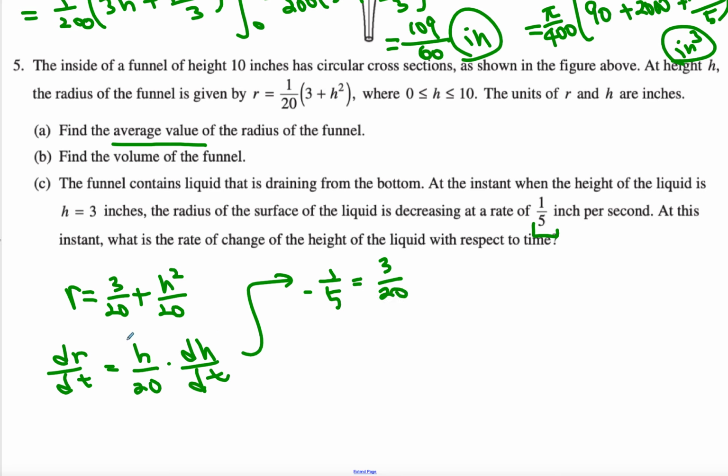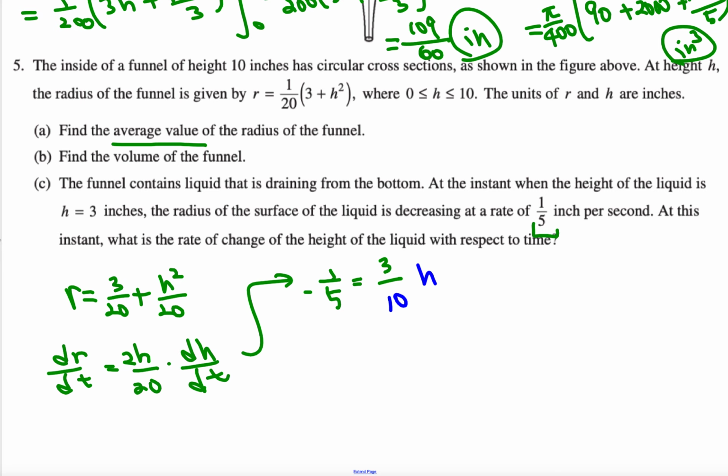Actually, what I forgot to do was bring down the 2 here, so this becomes 10, times h dh dt.